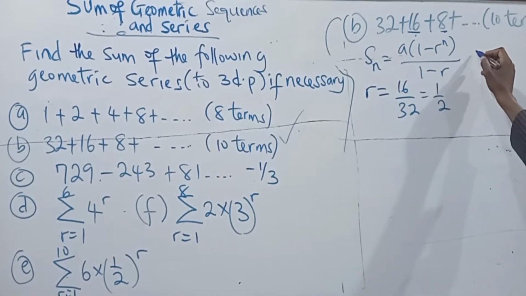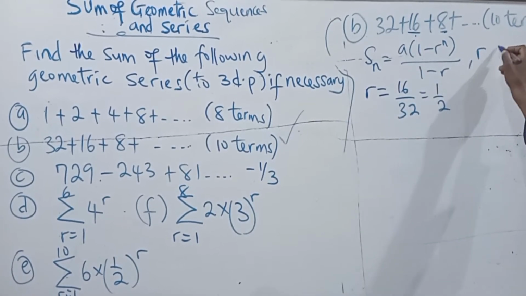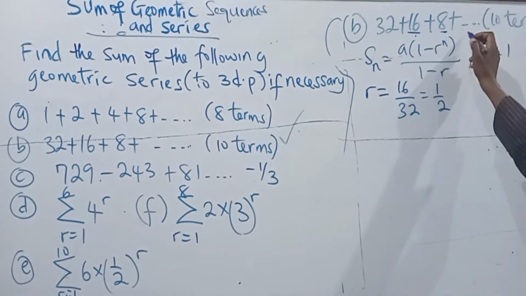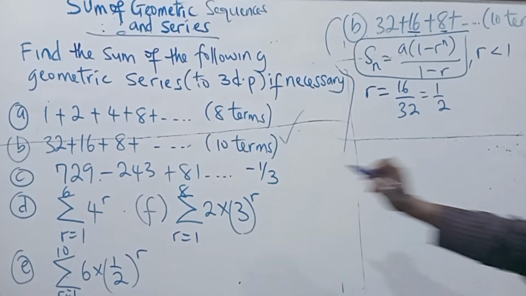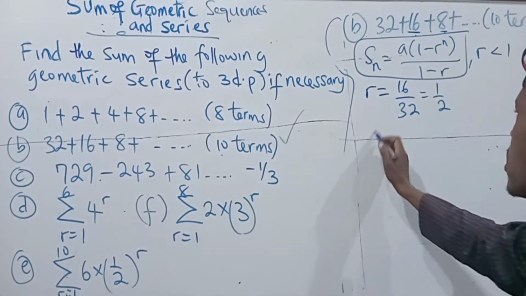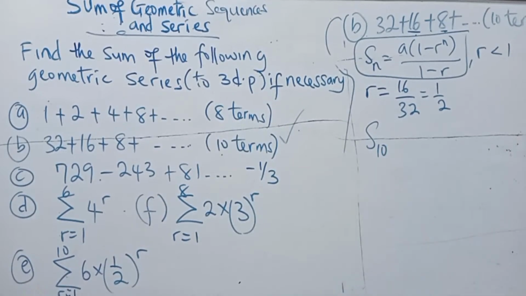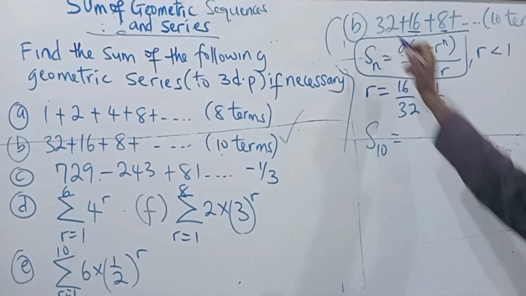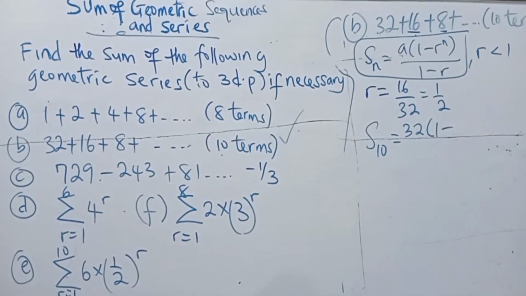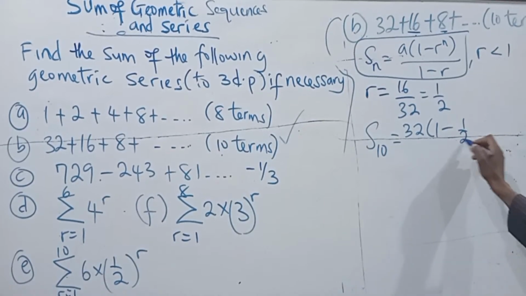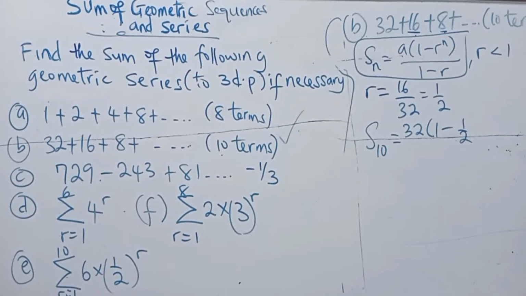So this is for r less than 1. The common ratio is less than 1, so this is the formula we're going to apply, for 10 terms. The first term is 32, times 1 minus the common ratio, which is half, to the power n, where n is 10.